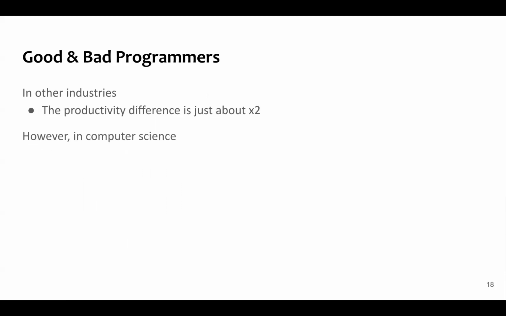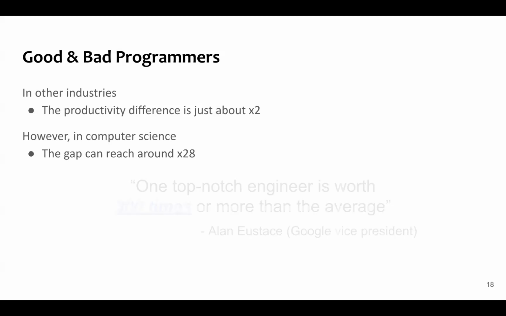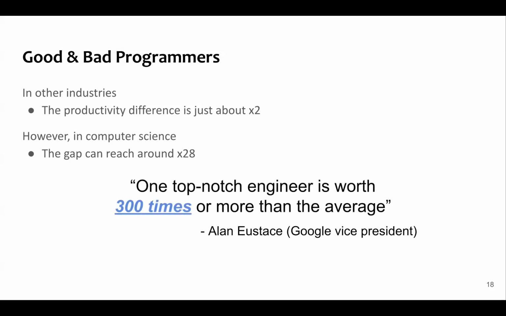However, in computer science, the productivity gap can reach around 28 times. And this Google vice president mentioned that one top-notch engineer is worth 300 times or more than the average.